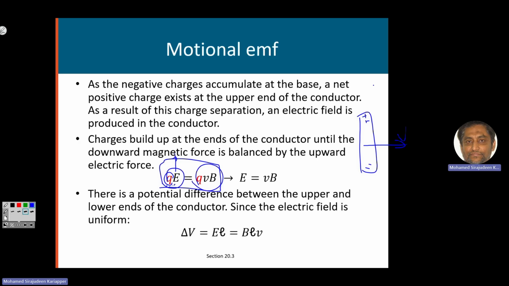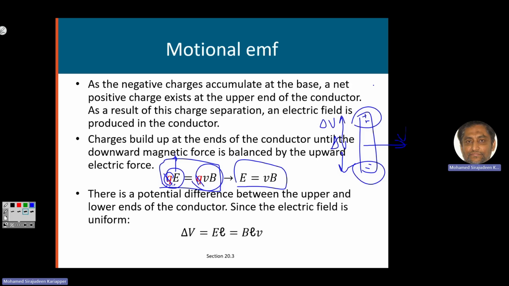So this charge separation will result in a potential difference, right? Because we have a positive charge here and a negative charge here. We can get this potential difference simply from the electric field. Q cancels with Q, and the electric field that is created will be the velocity multiplied by the magnetic field.